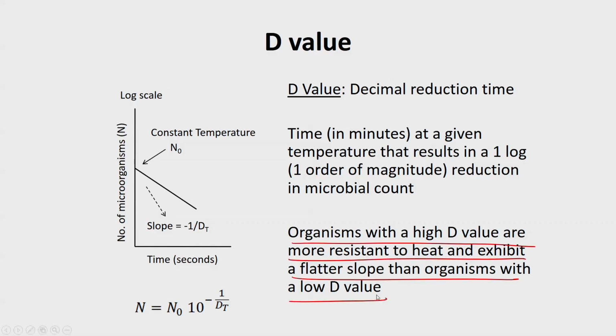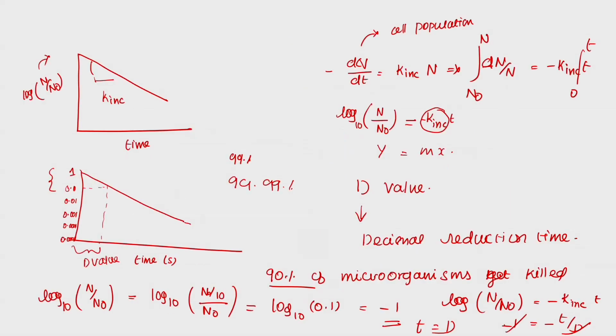Organisms with high D value are more resistant to heat and exhibit a flatter slope than organisms with lower D, right. If you are able to see what I have drawn, for example, if I have this flatter slope, what I would be having for 1 log reduction? Maybe I will put something like till here, right. If I extend it, so what happens?